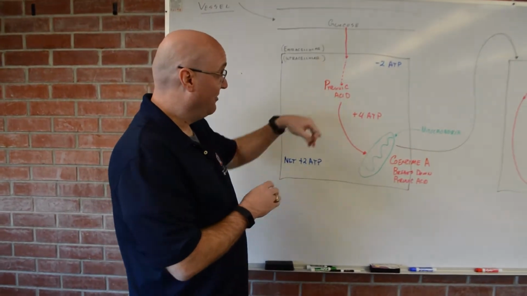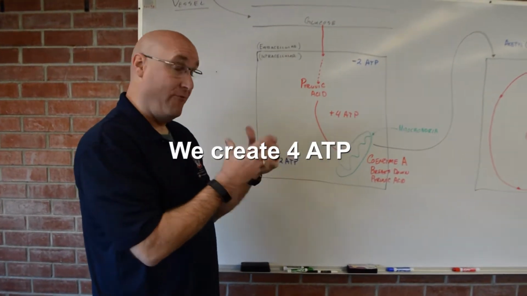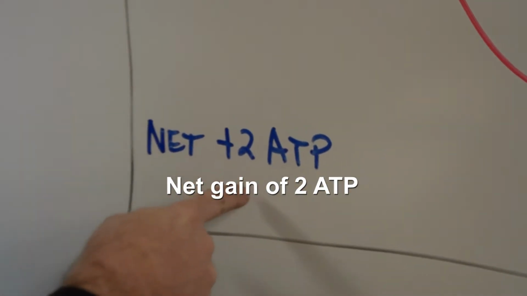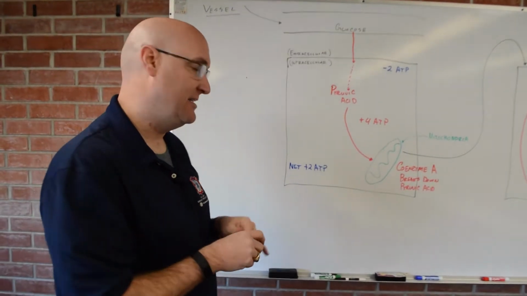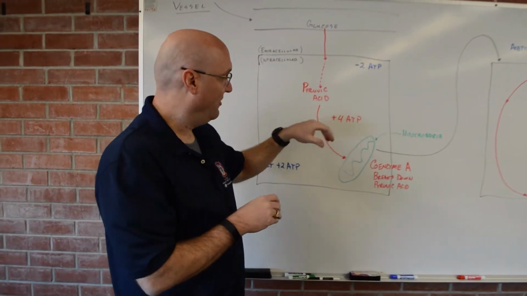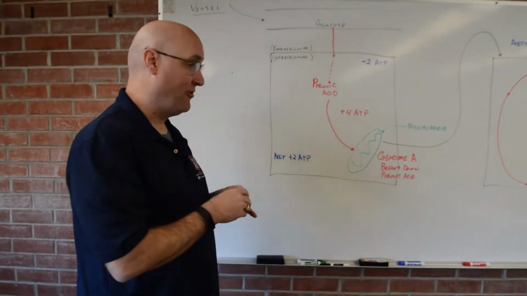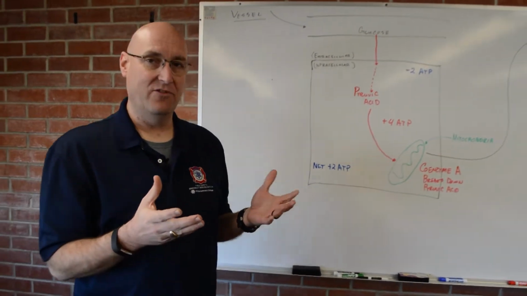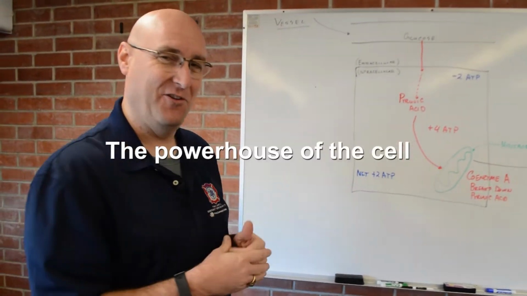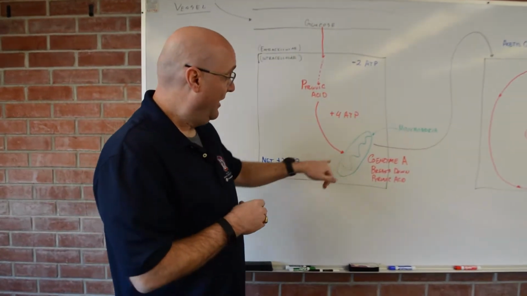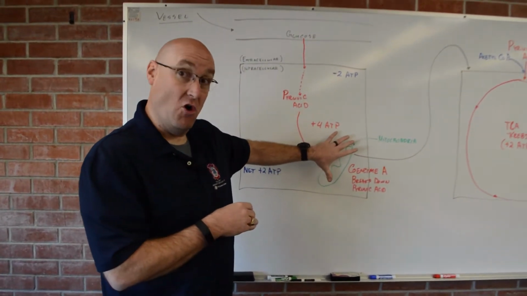We create 4 ATP, so we get a net gain of about 2 ATP within our cell. Now that pyruvic acid is broken down, it's smaller, and it can enter the mitochondria. The mitochondria, as you know, is the powerhouse, the electric power plant of our cell, and that's where we get most of our energy.